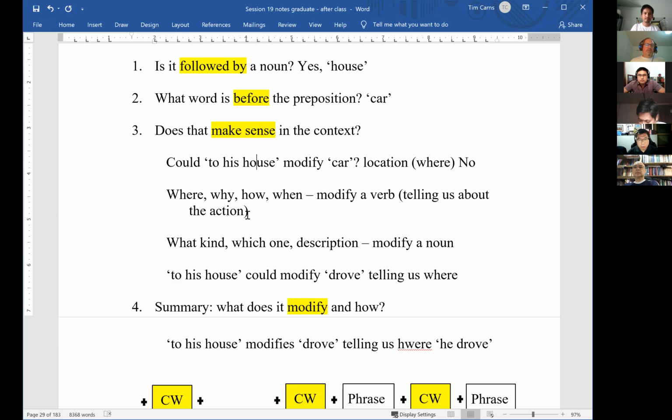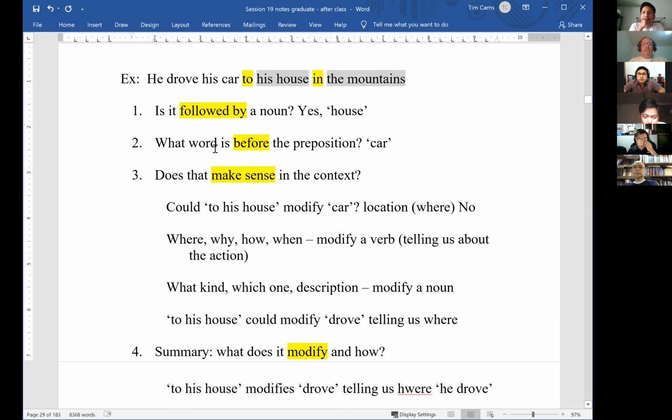The main thing I want you to get from this is just how the prepositions can function in a lot of different ways. And so our goal is to try to find out how it's functioning. And we do that by going through these 4 steps. First, we want to make sure we have a preposition, because sometimes these English words can trick us. And we simply tell if we have it by whether or not a noun comes after it, right after it. The second thing is then, what word does this preposition likely modify?